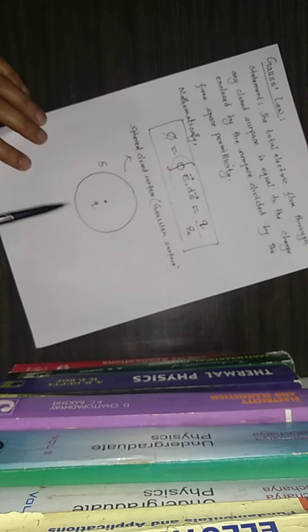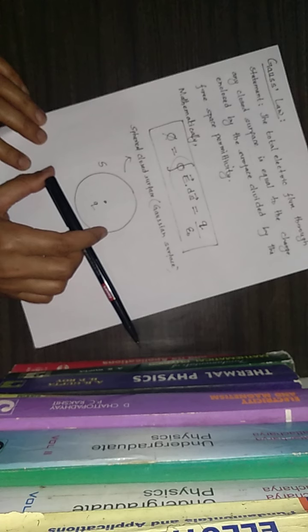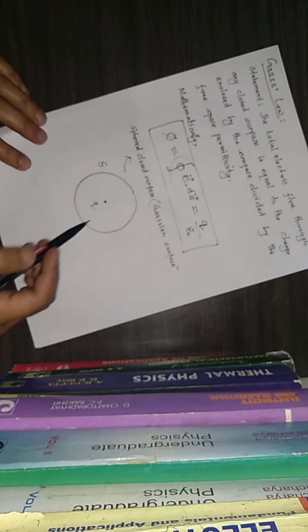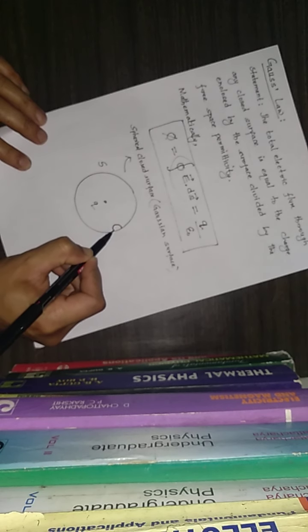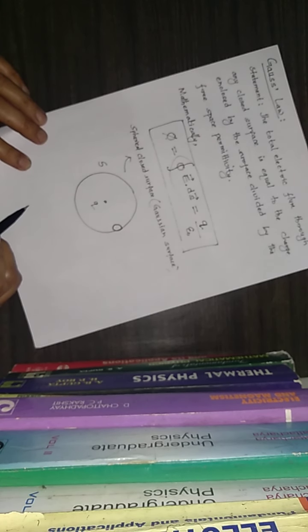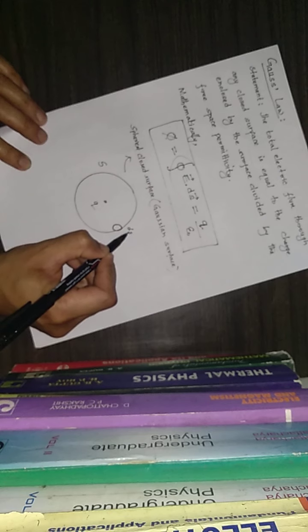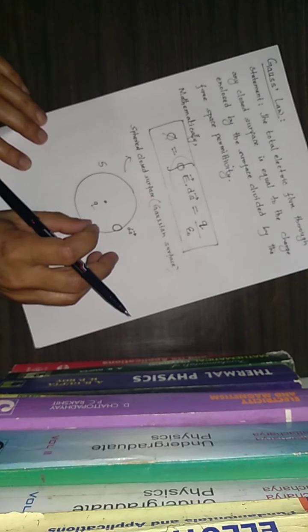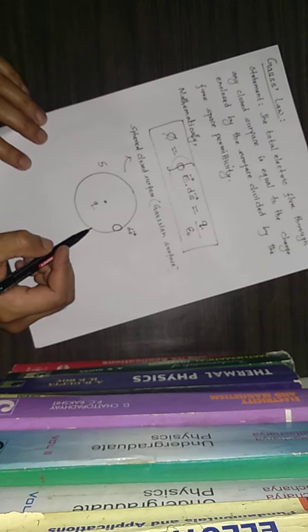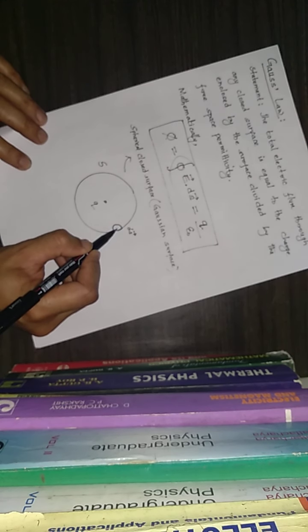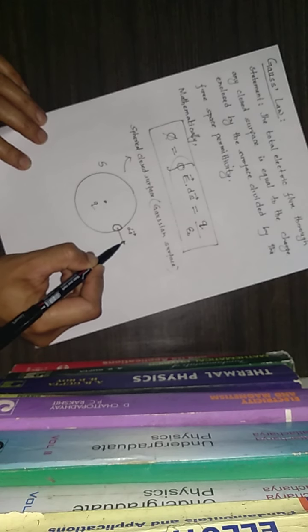Now my wish here is to calculate the net electric flux flowing outside this closed spherical surface. So for that I will take a small surface element ds. So ds is a small part of this spherical surface, and let ds be directed towards this direction.